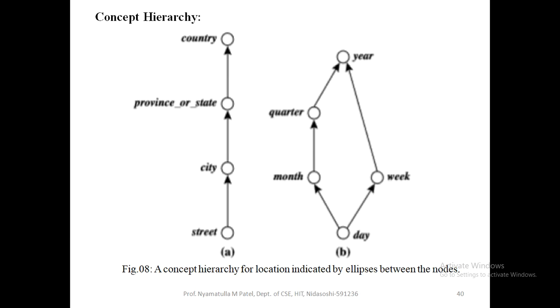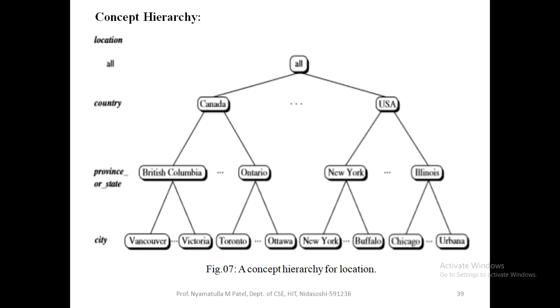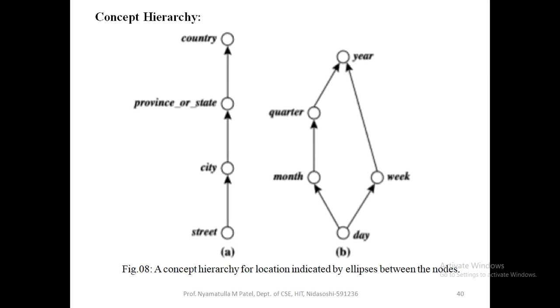The fact constellation or galaxy type of structure is preferred by the data warehouse, whereas the star or the snowflake schema is preferred by the data mart, and out of star and snowflake, the star schema is more commonly used. Then we saw the concept of dimensions and the role of concept hierarchies. We saw 2 examples: the concept hierarchy for location, and the concept hierarchy for time.